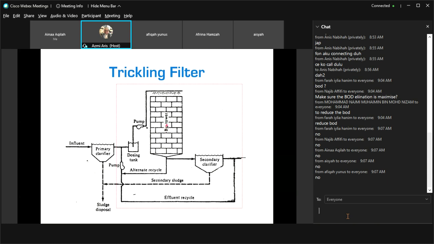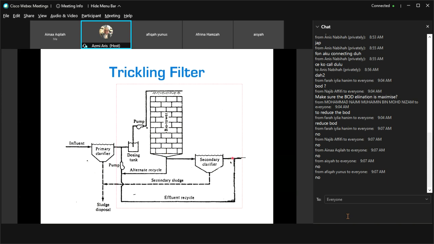Because you do not have any control on the retention time here, that's why you need to recycle the wastewater back into the biotower or trickling filter until you get satisfied BOD removal.